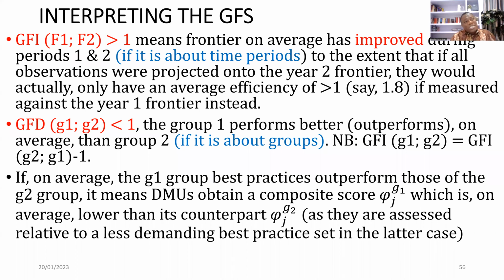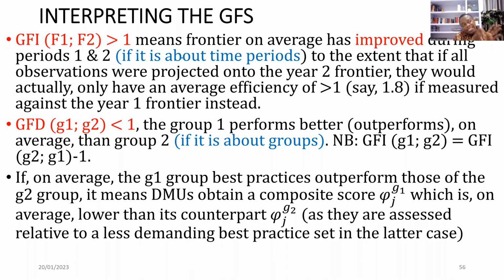I can say that, which means that the frontier has improved because you move from year 1 to year 2. But you can move from the year 2019 to the year 2020, and your entire frontier could decline because of COVID.